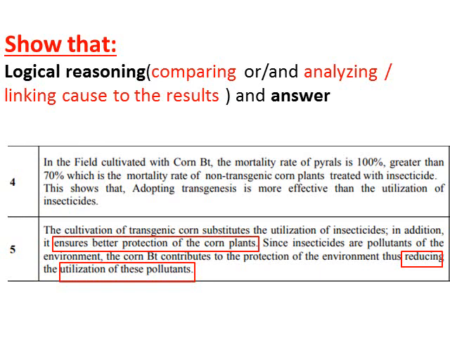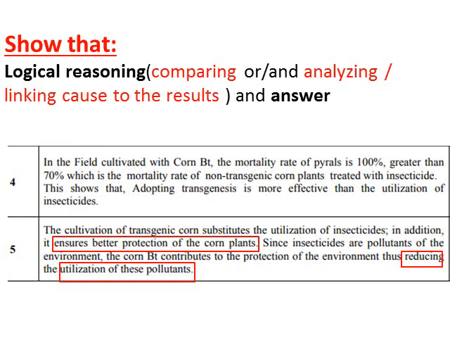Instead of this, I could have used the analysis term, like the mortality rate is 100% in Bt corn plants. This rate decreases to 70% in non-transgenic corn plants treated with insecticides. So this shows that transgenesis is more effective than using insecticides.